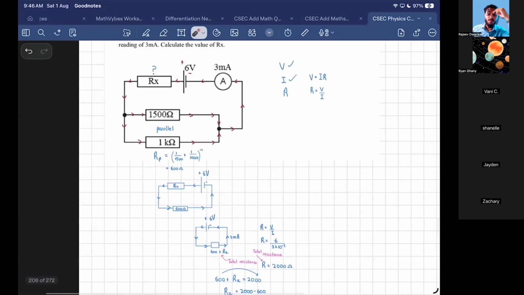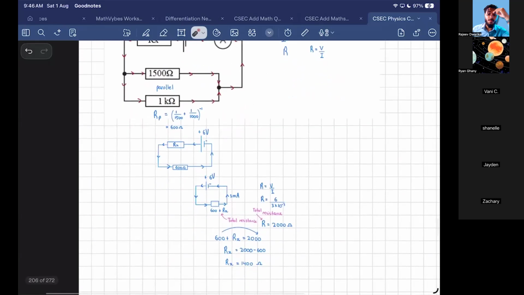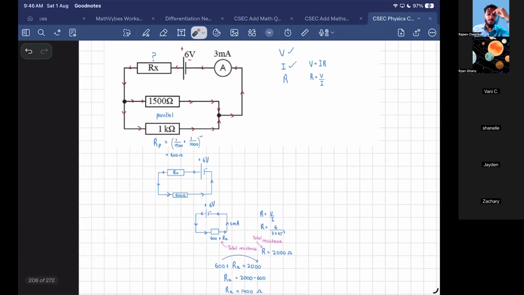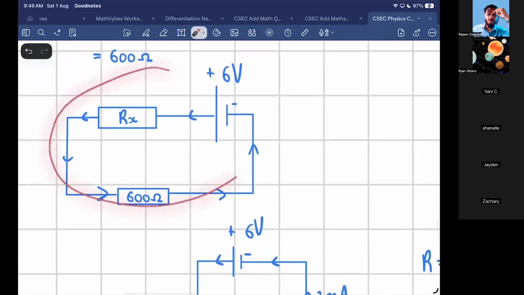But yeah, so Jadon, we had to find the total resistance in terms of Rx. So you combine these two here, you get 600, and then you end up with a circuit. What next? Define the total resistance. What's the total resistance in terms of Rx?